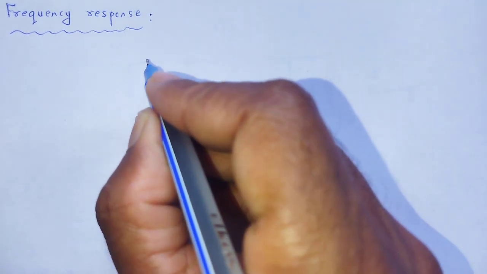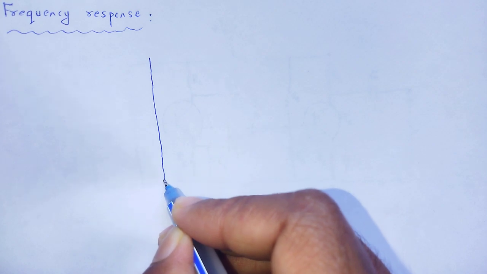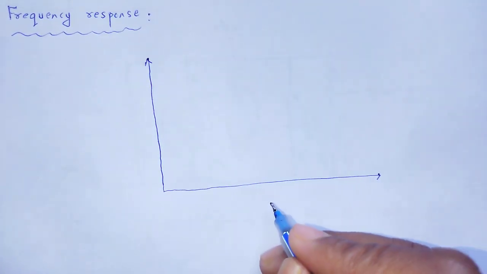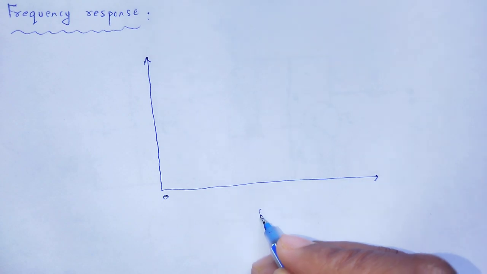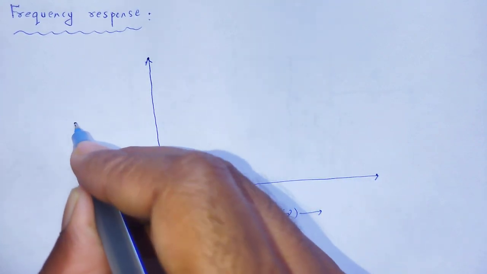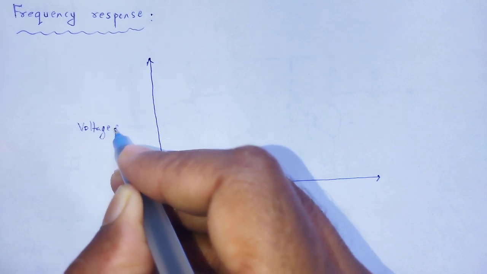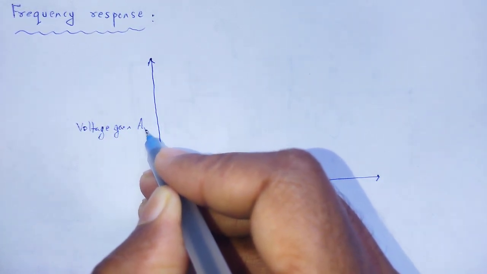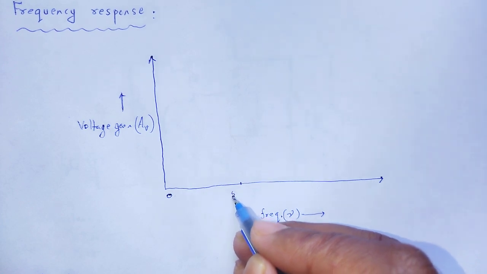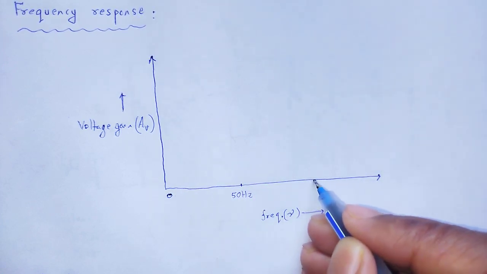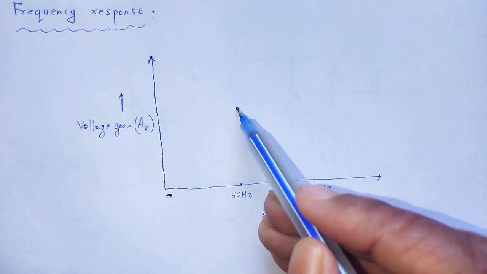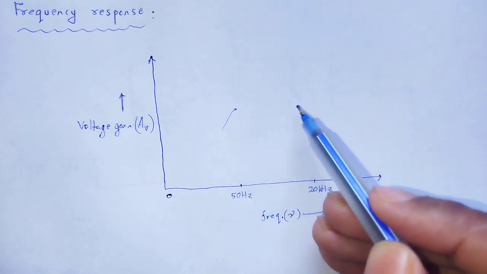If we plot a graph between frequency on the x axis and voltage gain, for a frequency range around 50 Hz to 20 kilohertz, the graph looks like this.